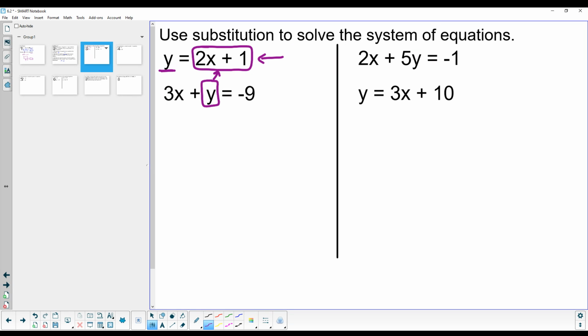So I'm going to rewrite this second equation by substituting in that expression 2x plus 1. I still have 3x, but instead of plus y, I'm subbing in what y is equal to, 2x plus 1, and then it's still equal to negative 9. Are there any questions about how we substituted that in there? Just replacing y with what y was equal to?